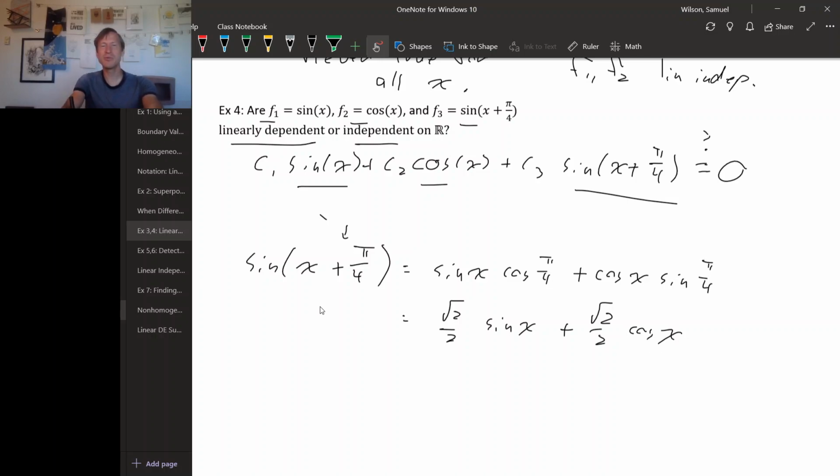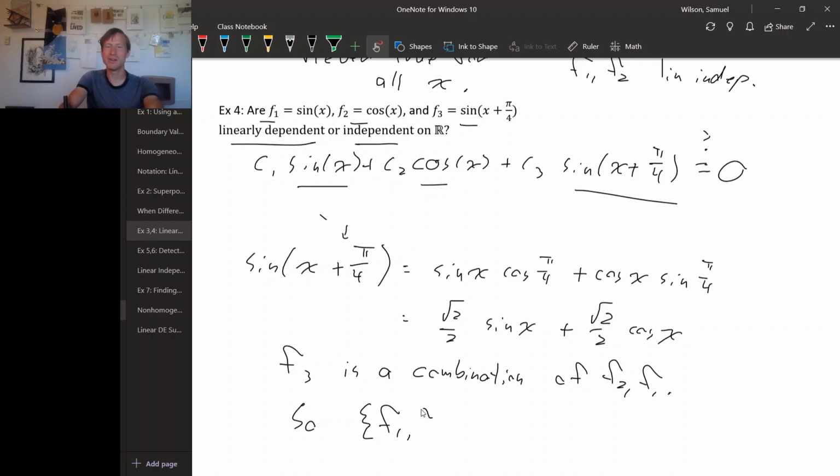And you can see here we've written f3, our third function, as a linear combination of f2 and f1. But that means that our collection of the three of them, f1, f2, and f3 altogether, are linearly dependent.